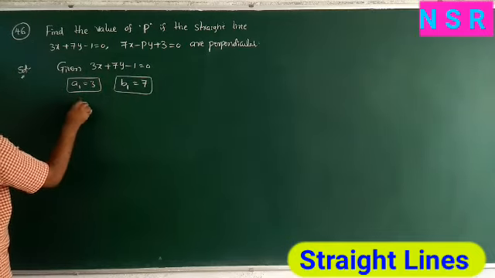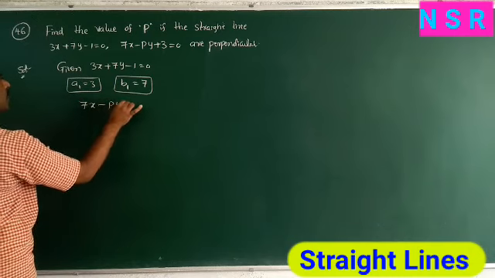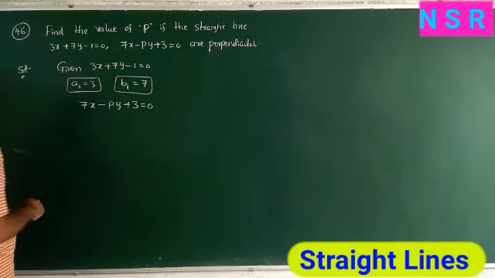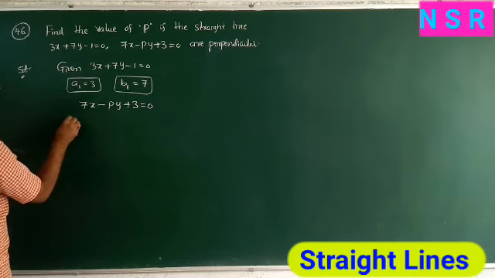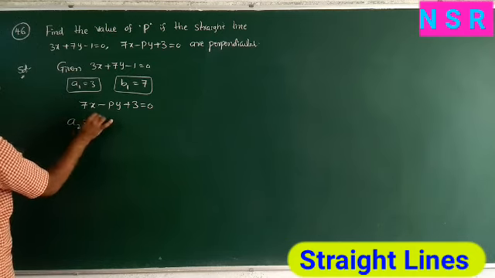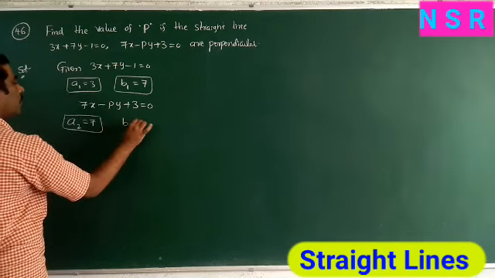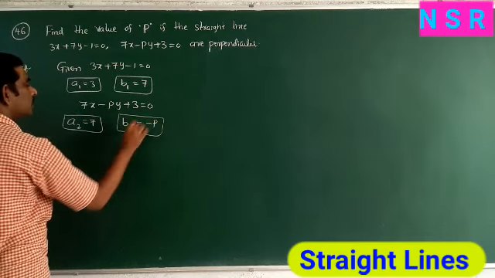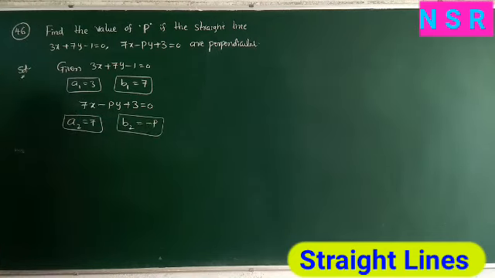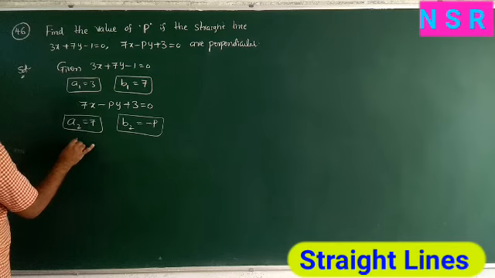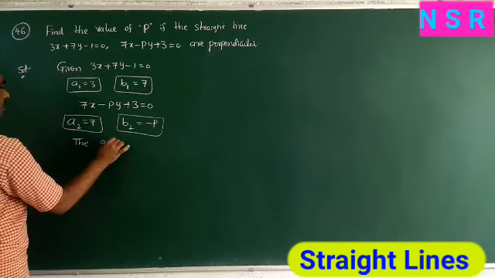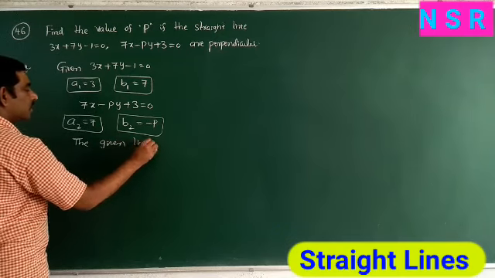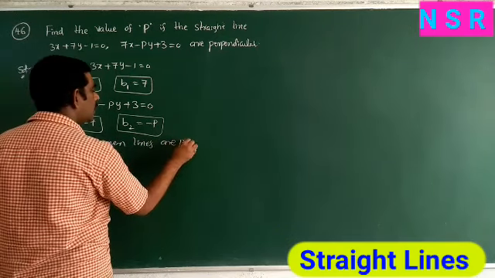Also given another line, that is 7x - py + 3 = 0, compare with a2x + b2y + c2: now a2 is equal to 7 and b2 equal to -p. So we get a1, b1 and a2, b2, and here given one condition, the given lines are perpendicular.